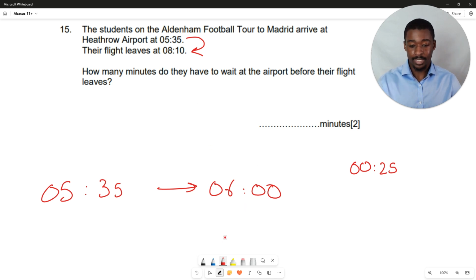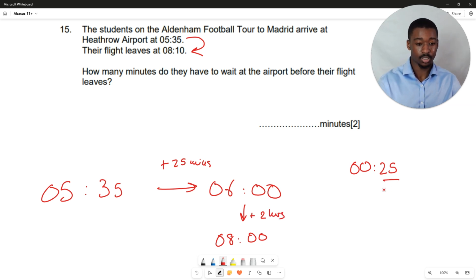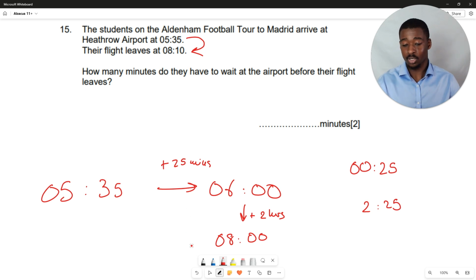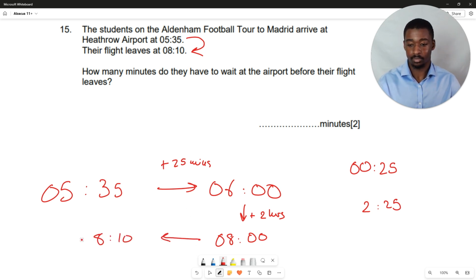So now we're at 6 a.m. Let's jump to 8 a.m. And doing this is a jump of 2 hours. So now we have not 25 minutes, but we have 2 hours and 25 minutes. And finally, let's go from 8 a.m. to 8:10, adding on 10 minutes.